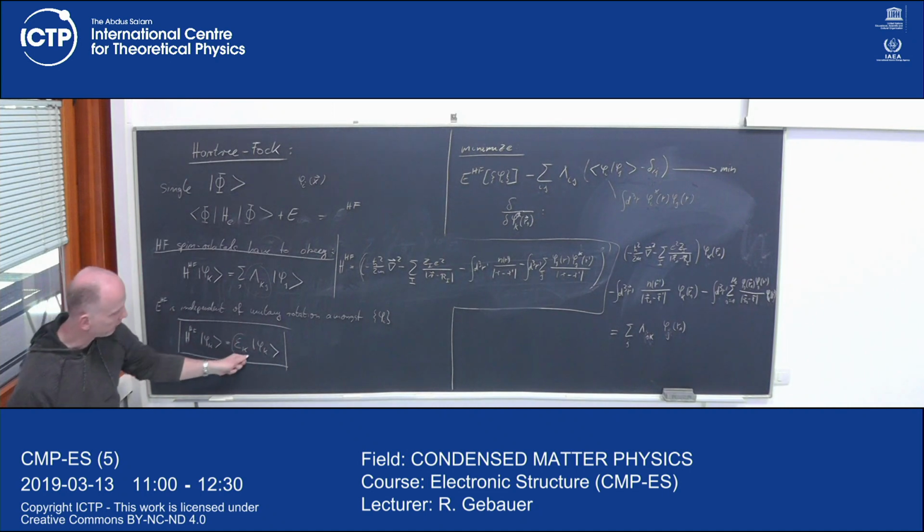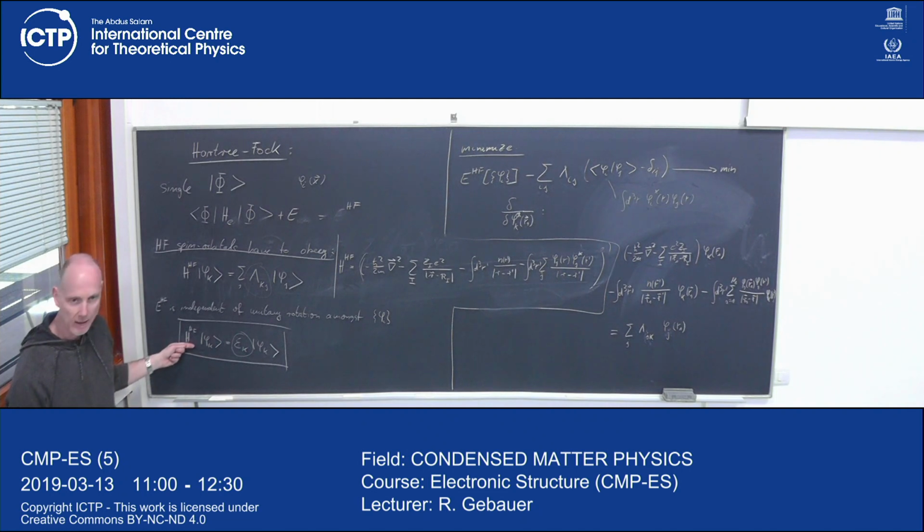What is the meaning of those? Okay? So it has eigenfunctions, we need them, we need the lowest n ones, but it has also eigenvalues. Now, never ever think that these epsilons here, the eigenvalues of the Hartree-Fock Hamiltonian, are the Hartree-Fock energies.